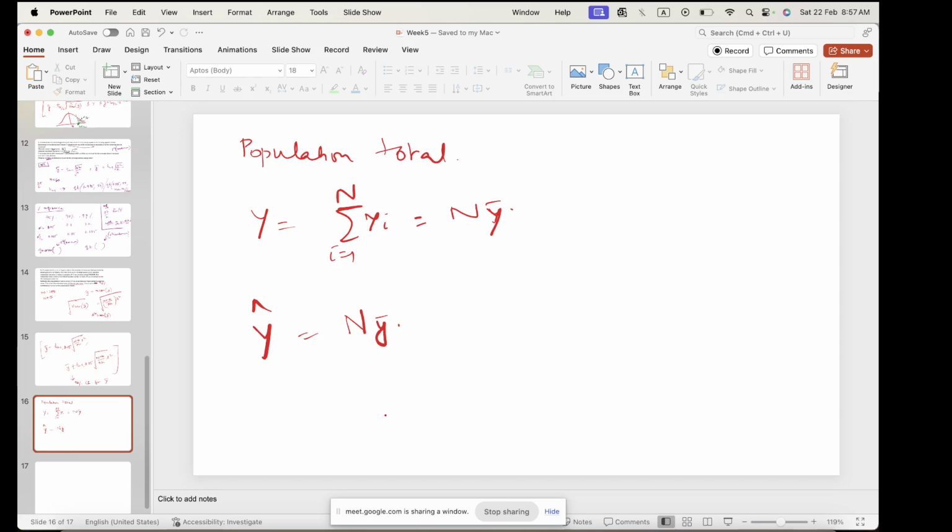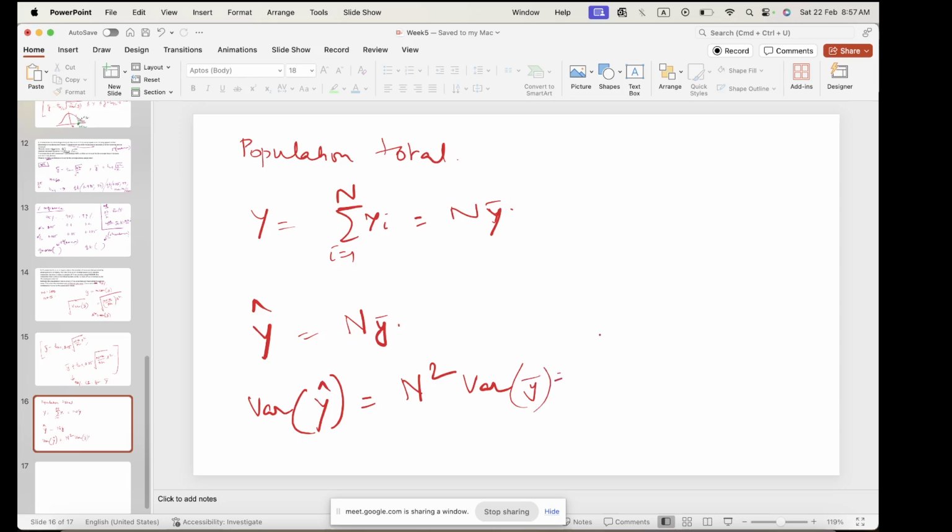And variance of Y hat is actually then N square into variance of y bar.